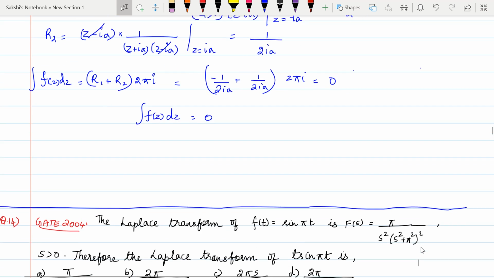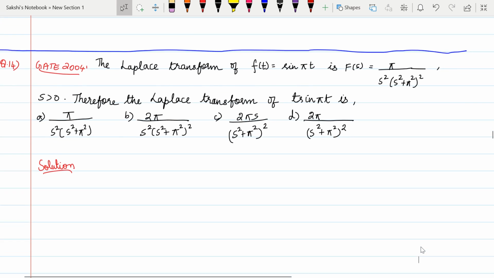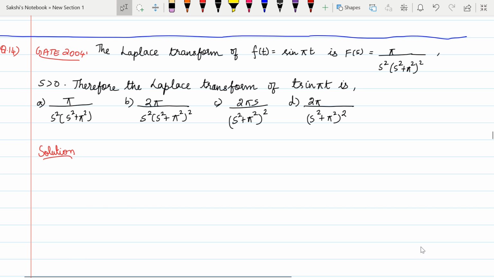Okay, so let us solve the 14th question, which is again from 2004, Laplace transform. Here we have the function f of t as sine pi t, and the Laplace transform of this function is given as pi divided by s square plus pi square.